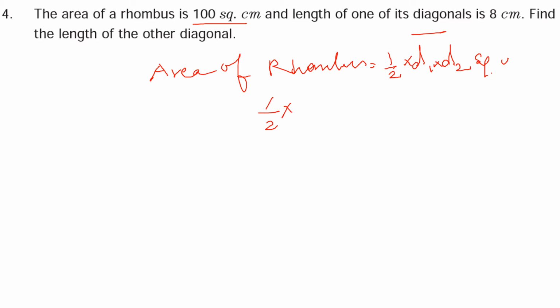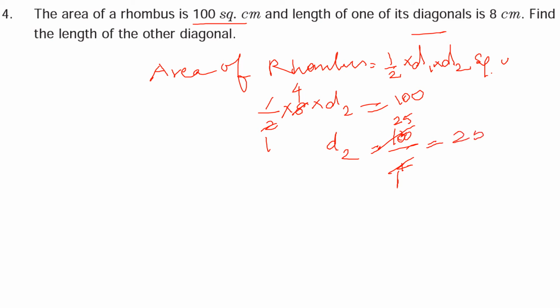So 8 into d2, the other diagonal, equal to 100. So here 1 2 is 2, 4 2s are 8. So d2 equal to 100 by 4. Cancel it, 1 4 is 4, 2 4s are 8, 20, 5 4s are 20. Therefore, the other diagonal is 25 centimeter.